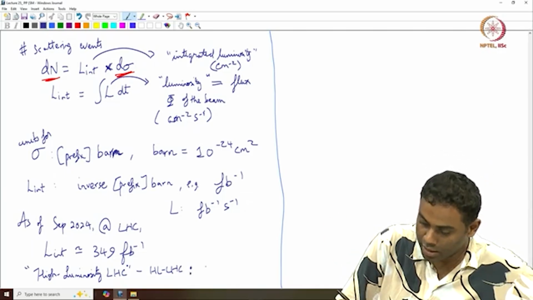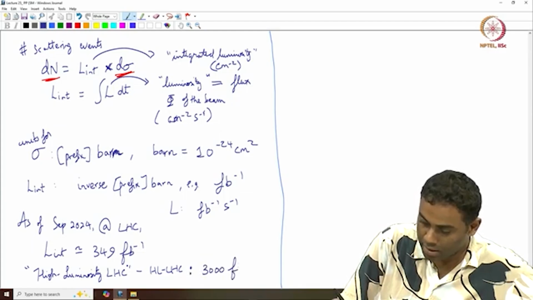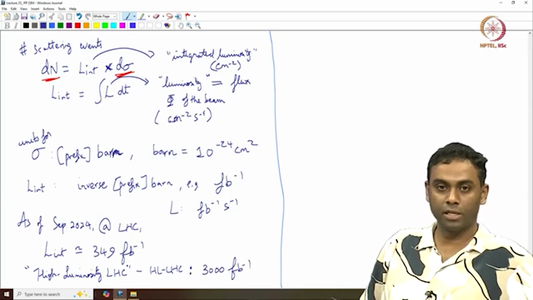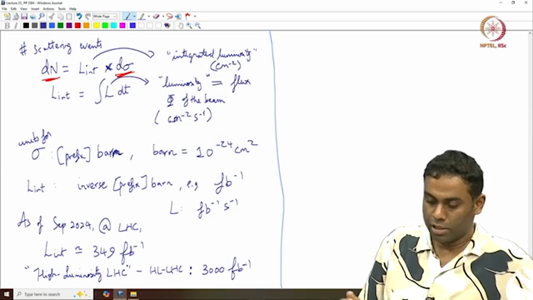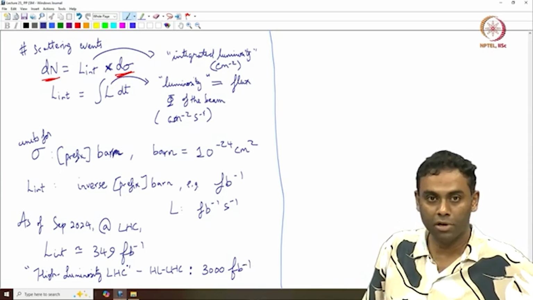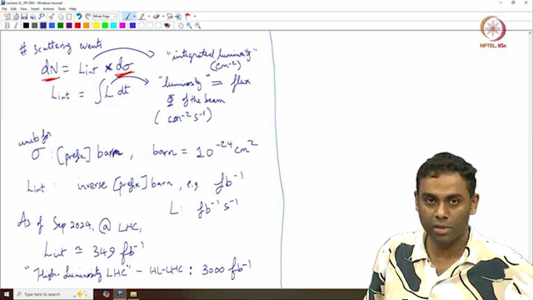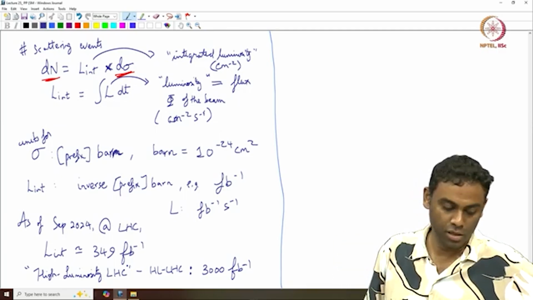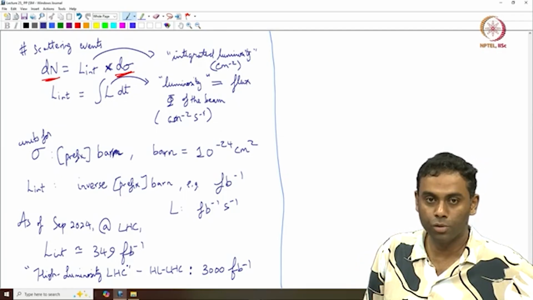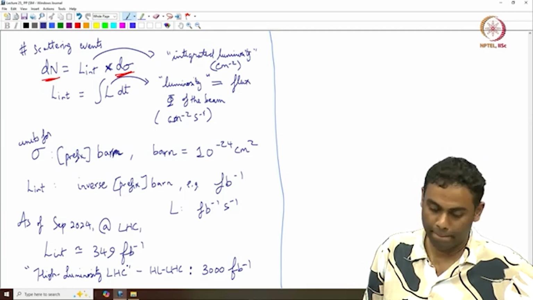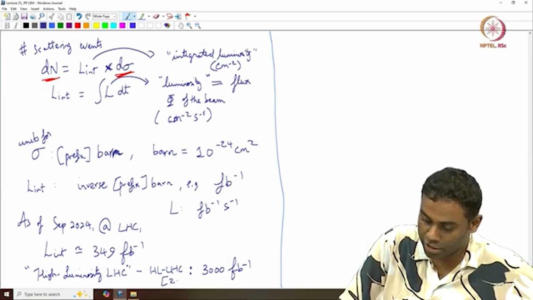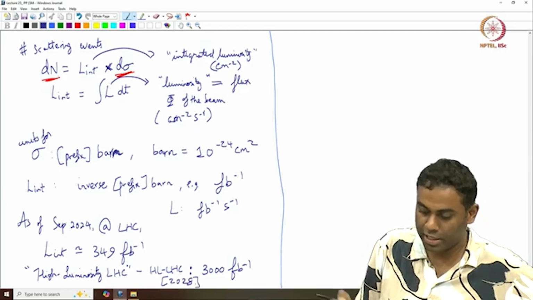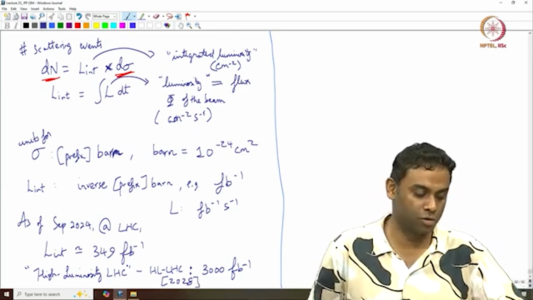The aim is to get 3000 inverse femtobarn of integrated luminosity. That just means what? 10 times more events than you have today, right? That gives a lot more statistical precision to the searches that you want to do at the LHC. Okay, and this may go operational in 2028 if everything goes well.